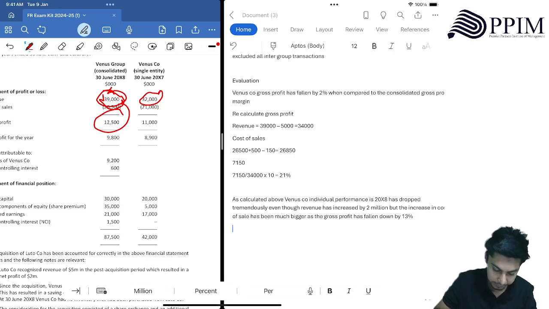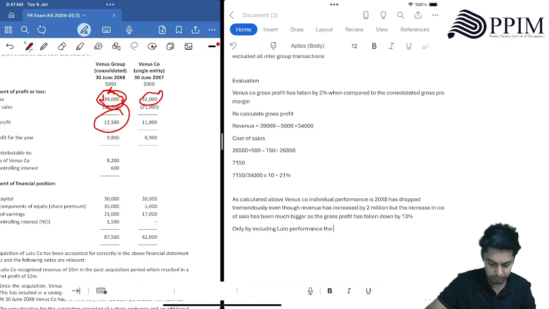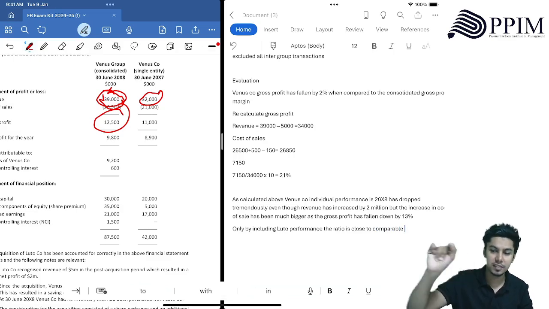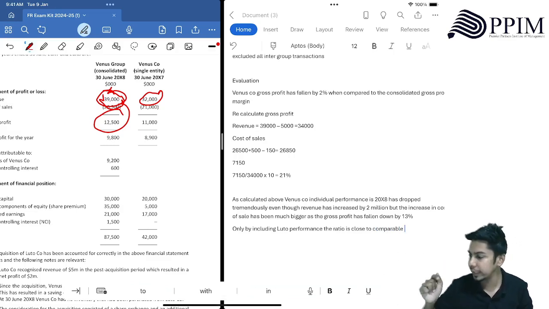Next line, guys, you can write: only by including Luto's performance, the ratio is close to comparable. That means 32 is comparable to 34 only if we include whose performance? Subsidiary's performance.